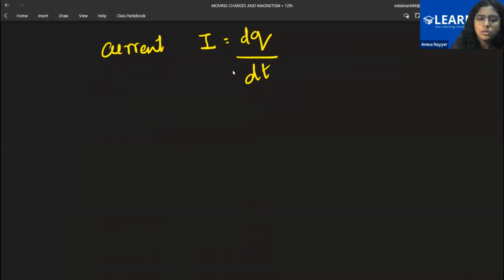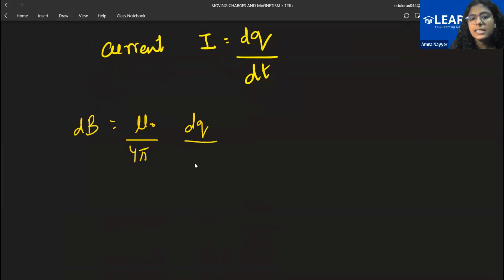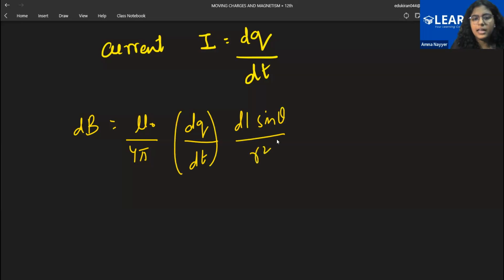So what we do, we have dB is equal to mu naught by 4 pi, and instead of I, we can use dq over dt, so dq over dt into dl sine theta by r square.